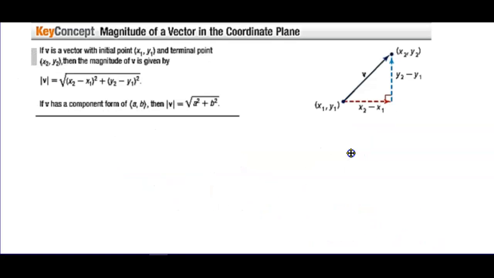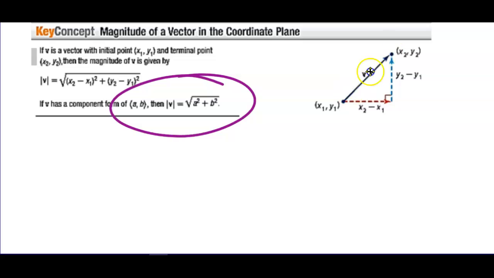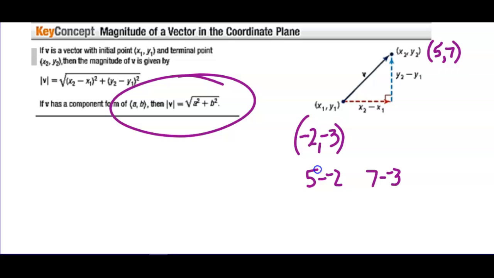And then when you have the components, to find the magnitude, you just do Pythagorean theorem because that's figuring out how long this is. So if I went from, let me make up an example here, -2, -3 to +5, 7, you would say, and it was going that direction, you would say 5 minus -2, 7 minus -3.